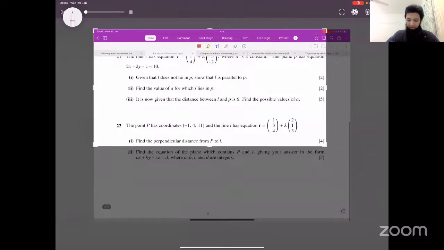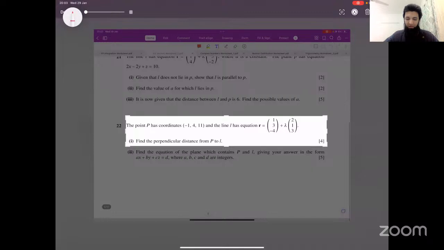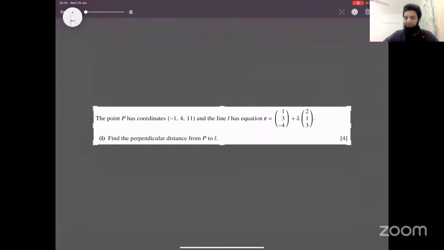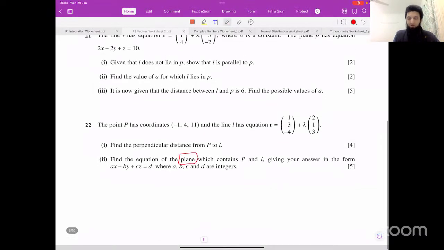Just a reminder, I think I mentioned in one of the earlier classes as well, the worksheet has some questions that involve planes, right? So equation of a plane or angle between a line and a plane. You don't have to do those questions. Planes are not part of our syllabus anymore. They used to be part of the syllabus before 2020, but now planes are not part of the syllabus.